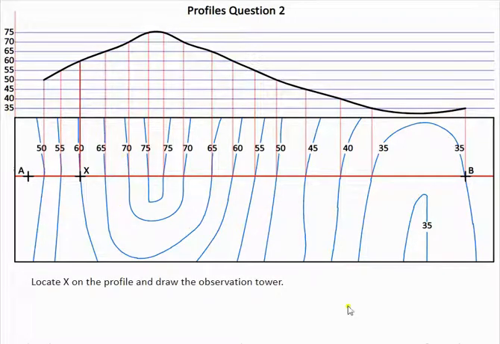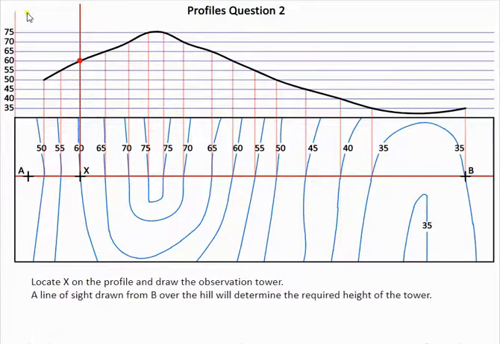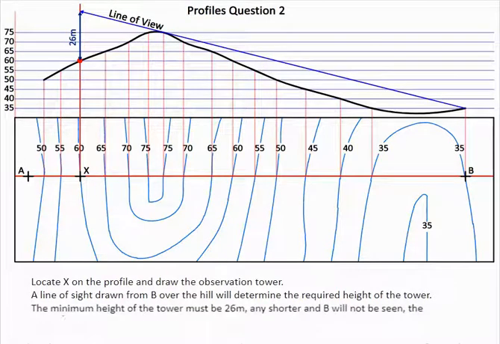Now in this question we have location X, so we mark it on the profile in this location here. Next, there's an observation tower drawn from here, and what you're asked is, will it be seen from B? B is over here. The observation tower in this question is 26 meters.